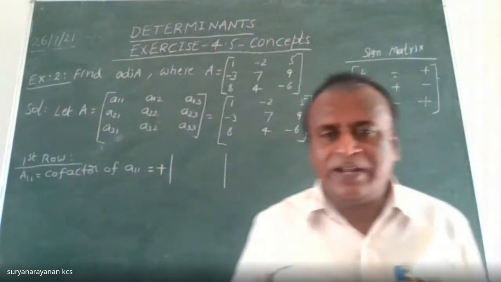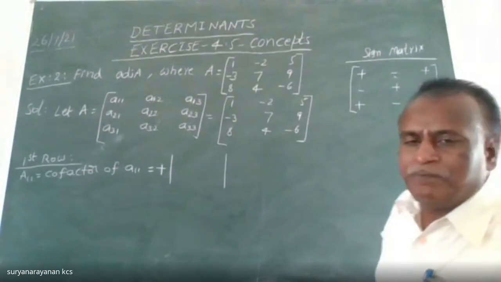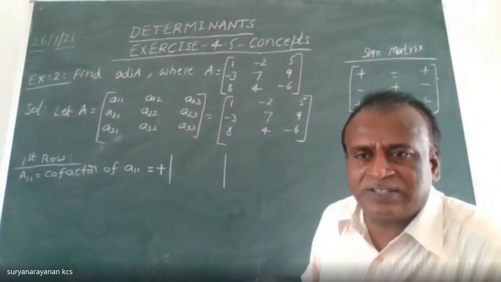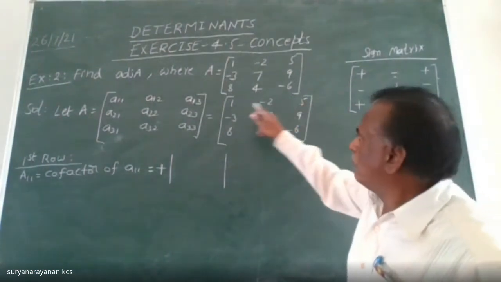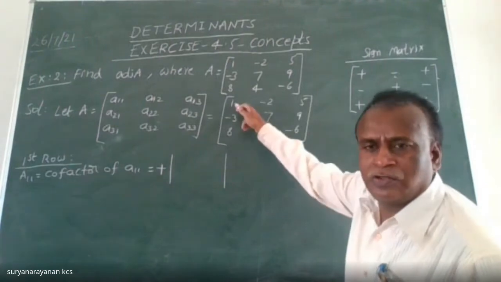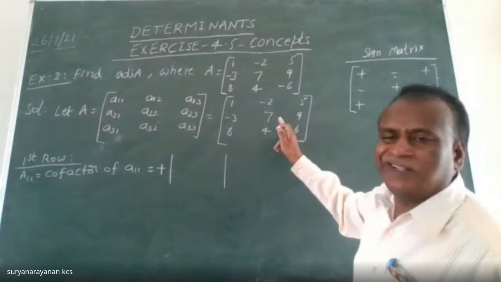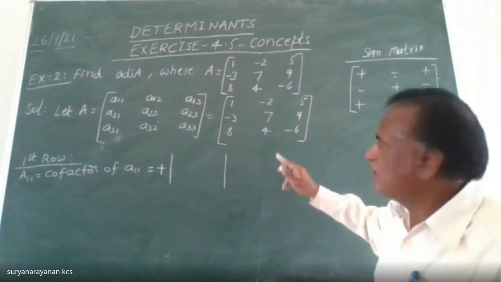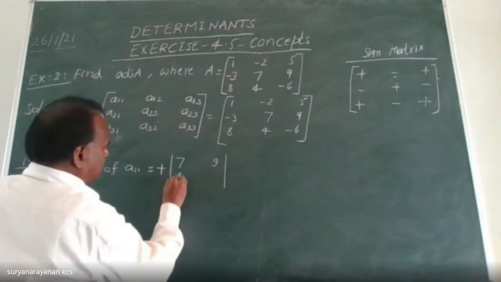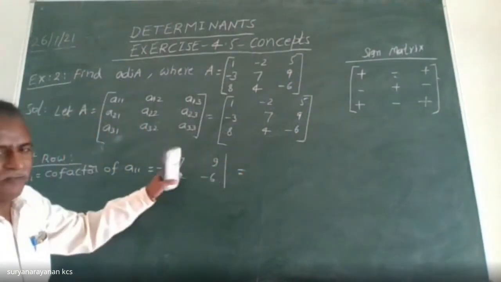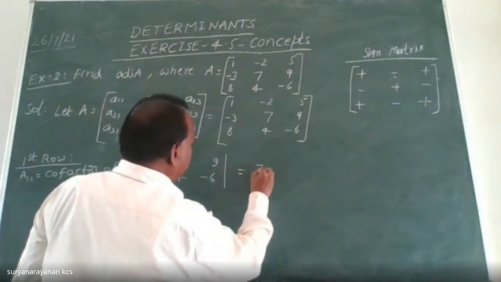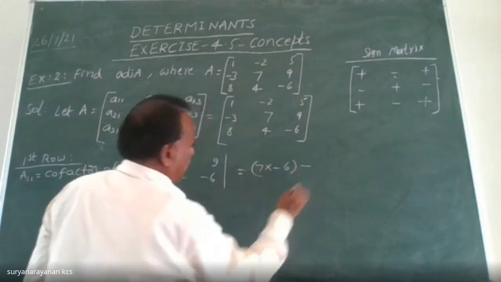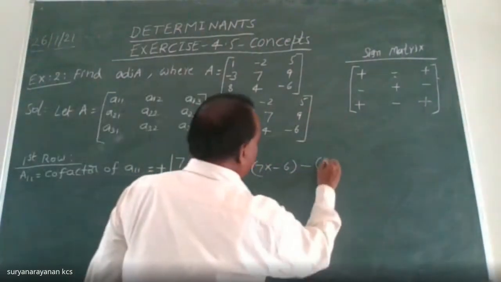It is nothing but the minor, the submatrix. How do you get the minor? Close the first row and the first column. What are the 4 elements left here? 7, 9, 4, and minus 6, sir. Find its determinant. 7 into minus 6, keep minus sign, 4 into 9.